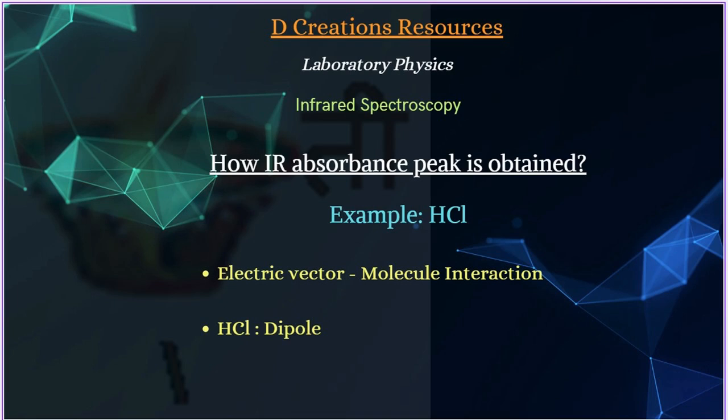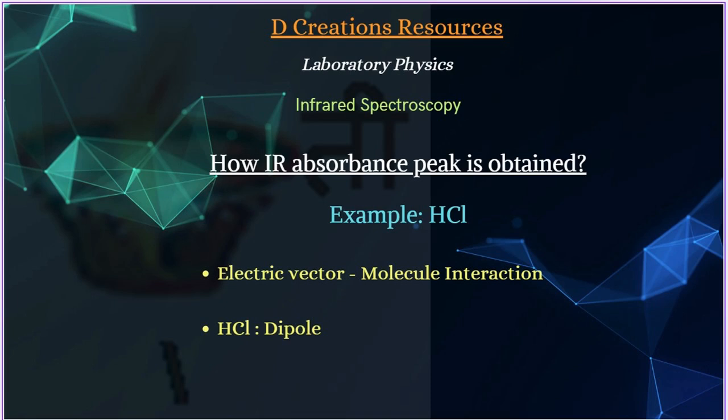Now, the electronegativity of hydrogen is 2.1 and the electronegativity of chlorine is 3.0. So obviously, as expected, chlorine has more electronegativity as compared to hydrogen. So chlorine is more electronegative.